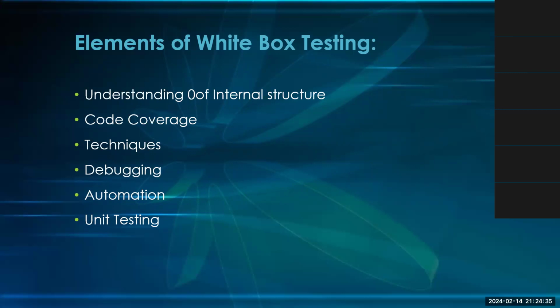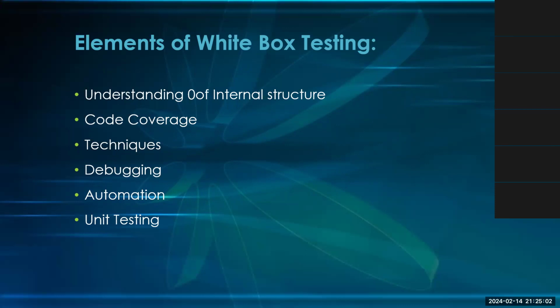For understanding of internal structure, testers have access to the source code, and they use this knowledge to design their test cases and execute specific branches and conditions within the code.